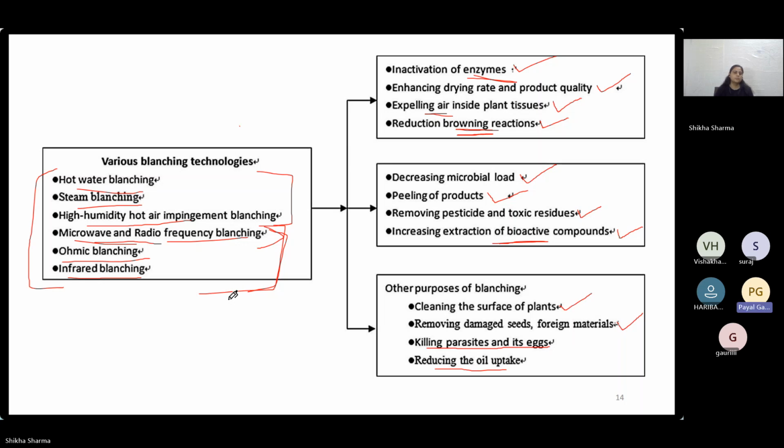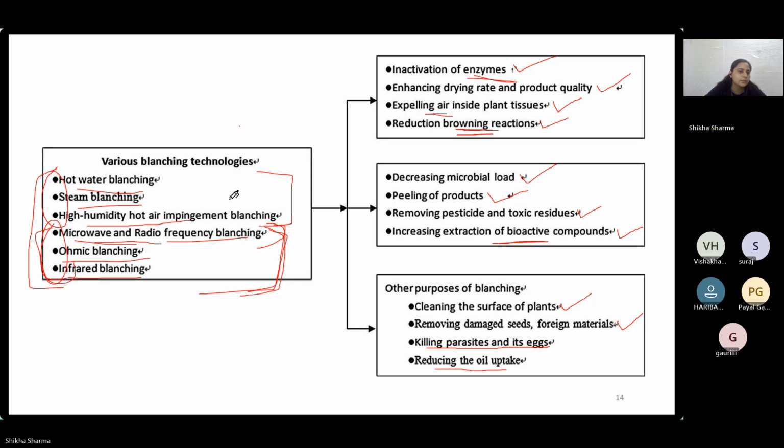Then what is ohmic blanching? Yes, these are all novel technologies: microwave, ohmic, infrared. These are the new ones, which we can use rather than the conventional technologies like hot water, steam, or hot air.